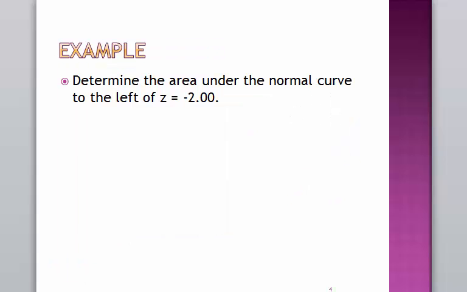So the first problem says determine the area under the normal curve to the left of z equals negative 2.00. So I'm going to begin by drawing a normal curve. I'm going to draw a line straight down the middle for the 0. And then I'm going to mark off negative 2.00.